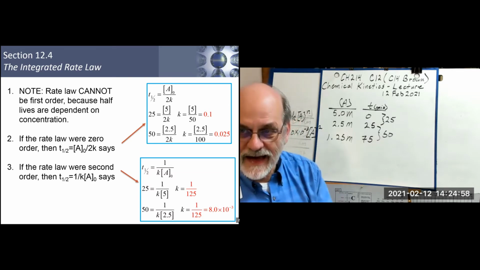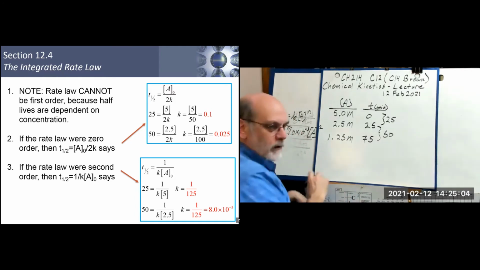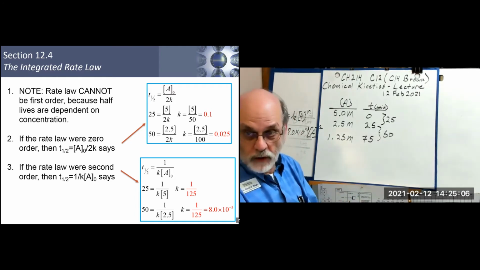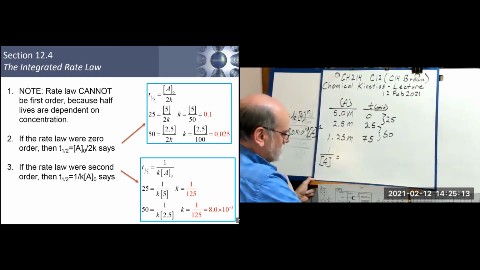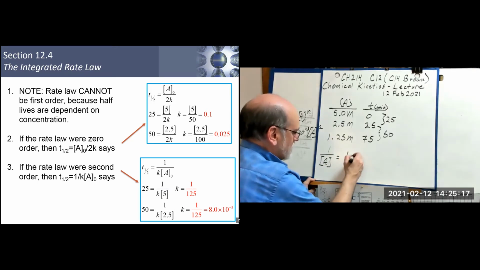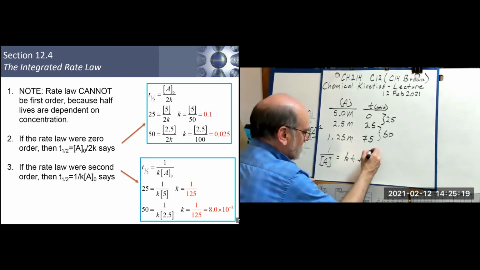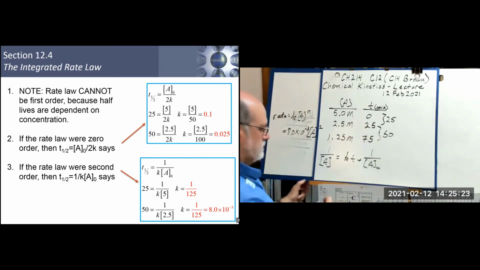In order to do that, we need the integrated rate law. So the integrated rate law for second order is 1 divided by A equals K times time plus 1 divided by A 0.